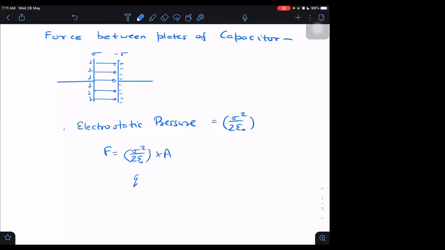Charge on one plate into the field due to the other plate. For example, charge on the positive plate into the field due to the negative plate. That will be the force. We can find it by that method also.